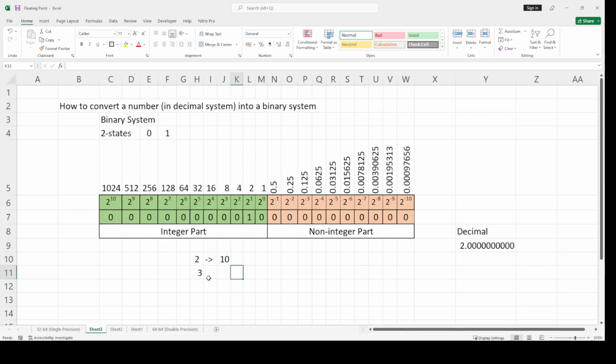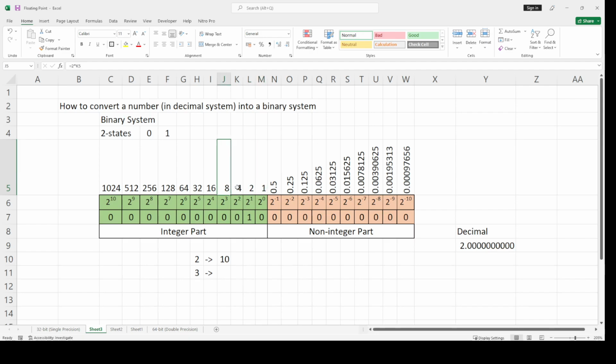What about number 3? How can we convert number 3 into binary? We just need to add a number to this so that we can create number 3. As you can see here in this number line, we cannot see number 3. We can only see 4, 2, 1, and 8.